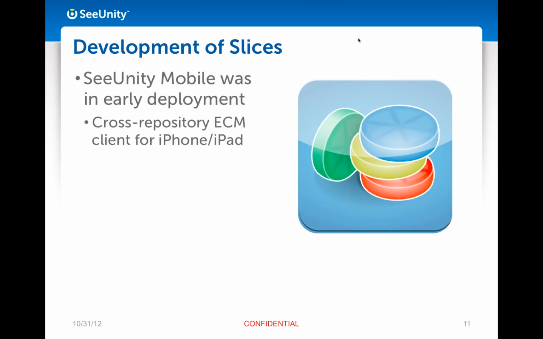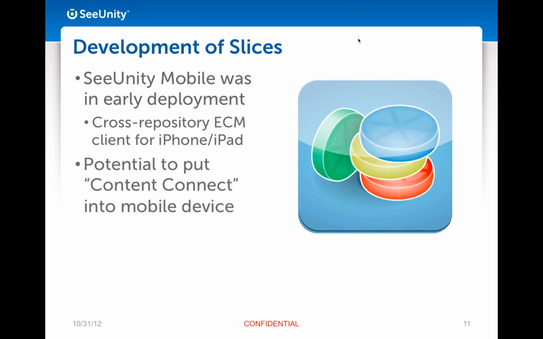So SeeUnity Mobile was already in early deployment, and that's obviously our cross-repository ECM user experience, which works on the iPhone and iPad. And we realized that we had that potential to take this idea of offloading large volumes of enterprise content and putting it onto a mobile device so that you can take it anywhere you want.